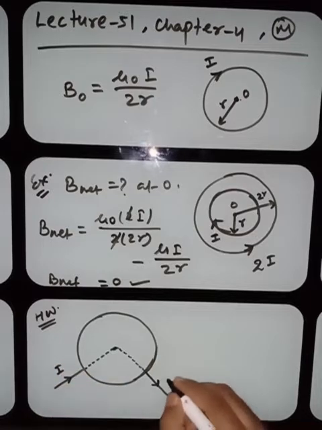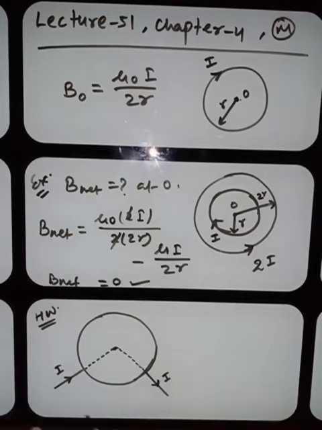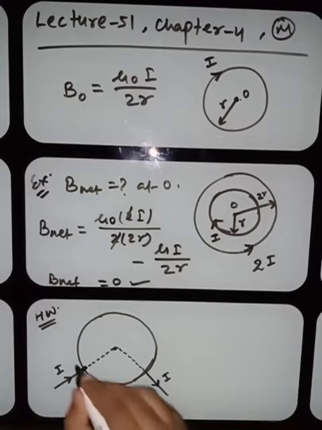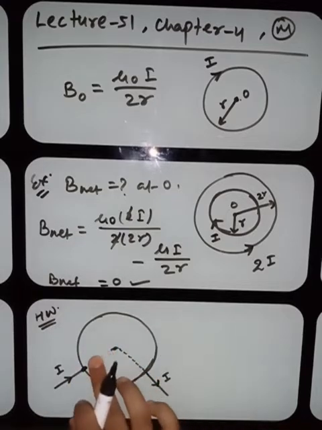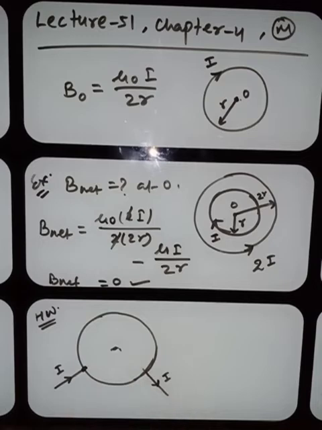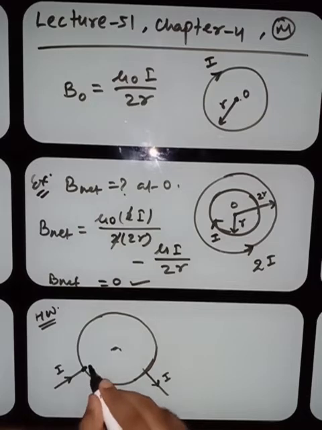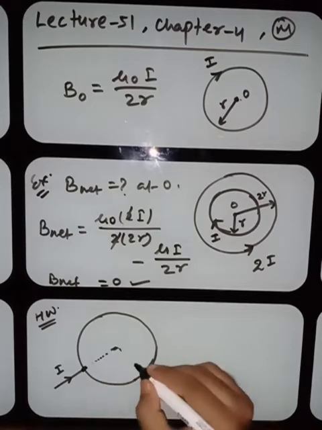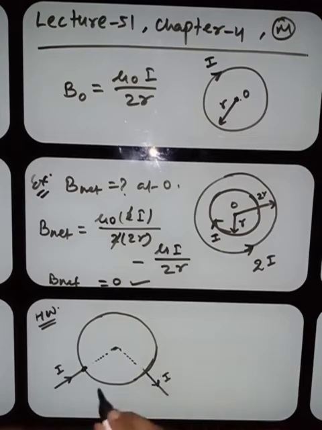This is the current I. Look here, this is a circular coil. This is not part of this diagram. The two conductors, if you proceed, will meet at the center, but they are not actually meeting; I'm just giving the perception.